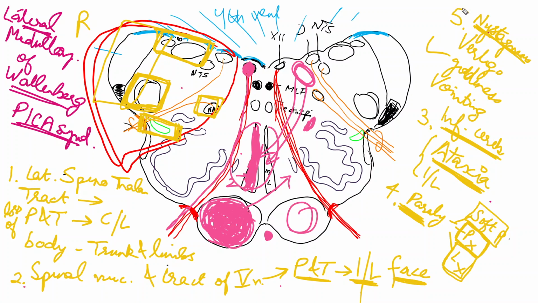So that is because of involvement of the vestibular nuclei. So all these 5 are the components of the lateral medullary syndrome of Wallenberg, or the posterior inferior cerebellar artery syndrome. Right. So I think that's all.